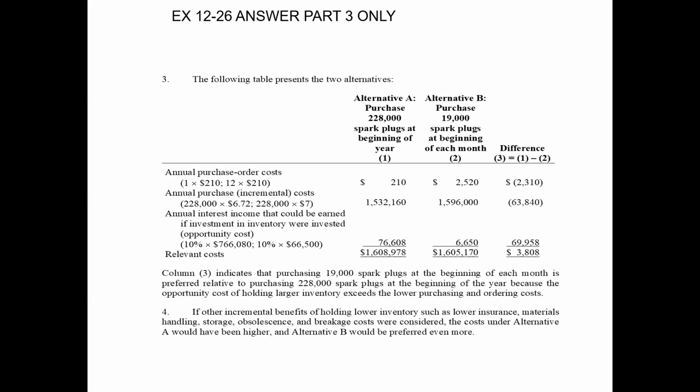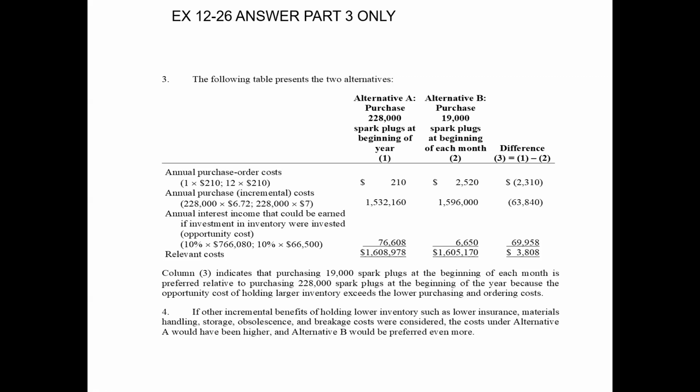So that would be 6,650, and we can see our relevant cost is 1,605,170. Column 3 gives us the incremental difference, totaling a relevant cost difference of 3,808.